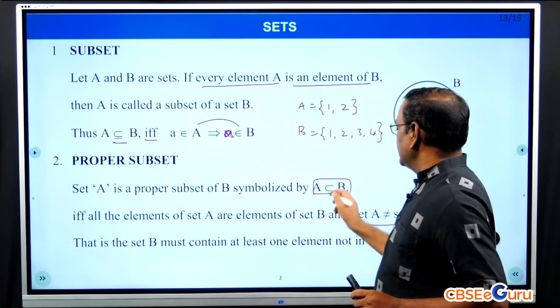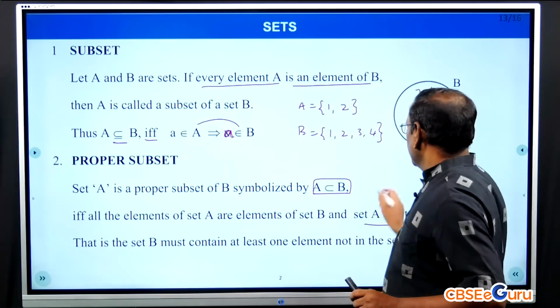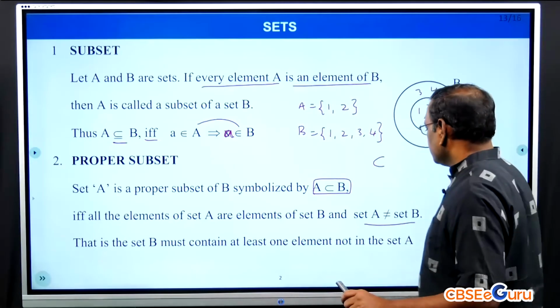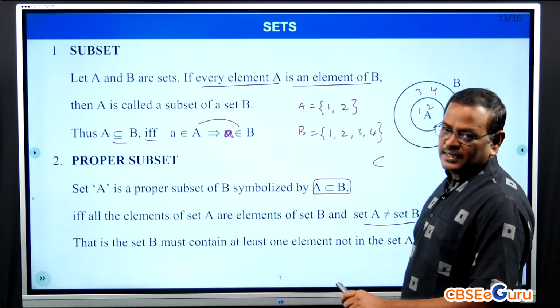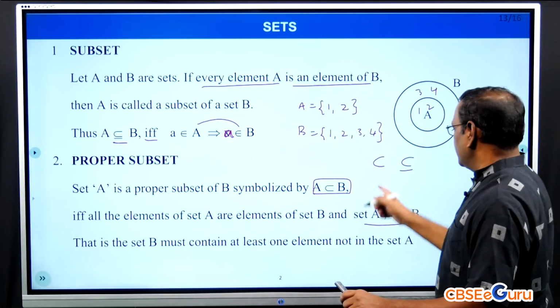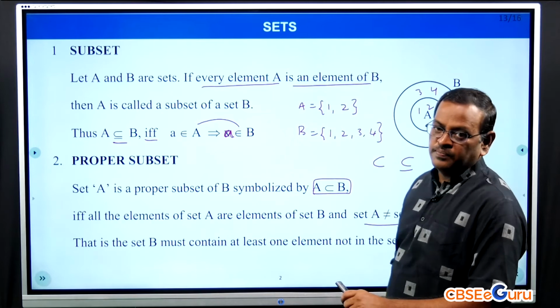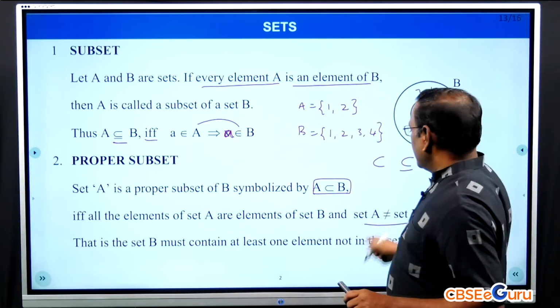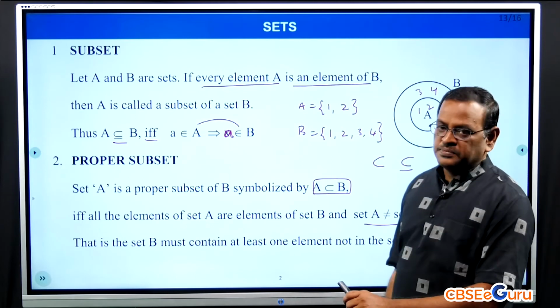This symbol is contained in, for proper subset, and this is contained in or equal to, for subset. This is similar to less than or equal to in the number system.